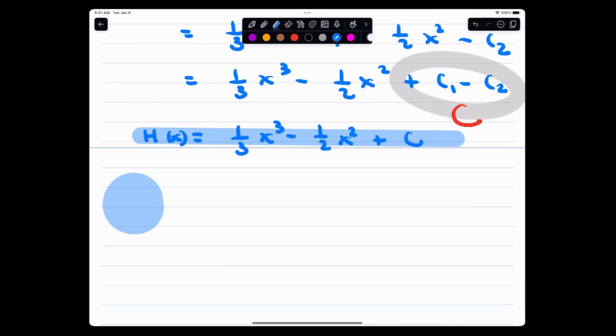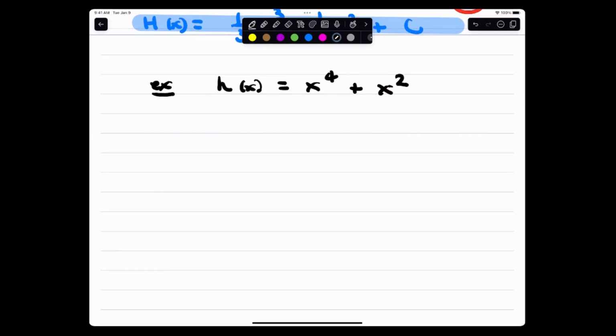So I'm going to try to give you a little bit more exact notation when you first learn this. And I'll say, okay, here's your h now. What if they gave you x to the 4th plus x squared? And you go, but that's not f. I know, it's h. They want you to get the antiderivative of now the sum of two functions f and g, okay?